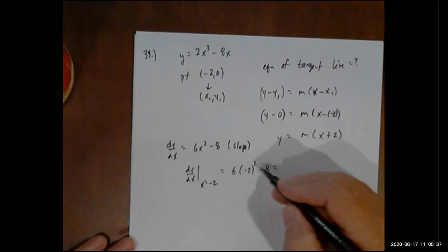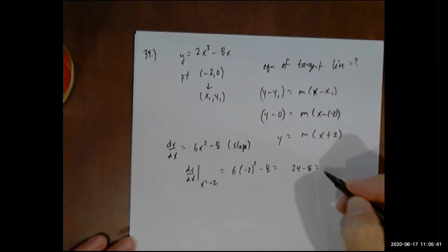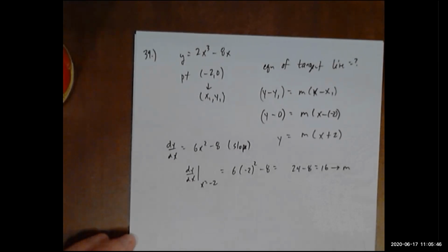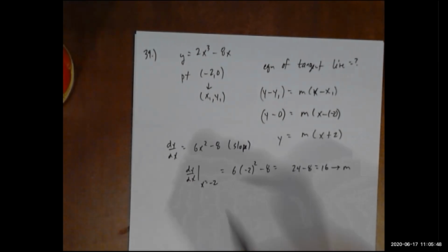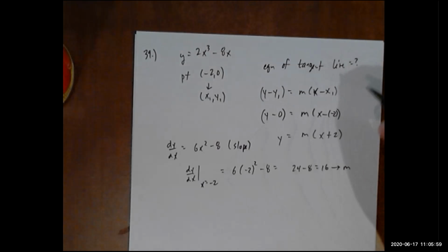So this is 6 times 4. So that says the slope of the curve at x equals -2 is 16, which is also the slope of the tangent line at x equals -2.